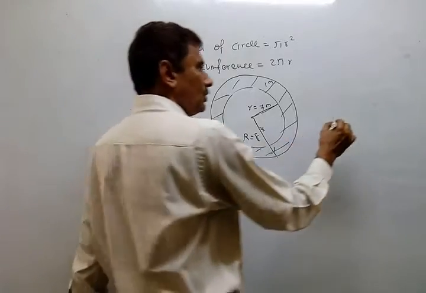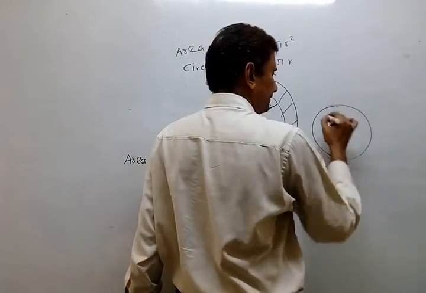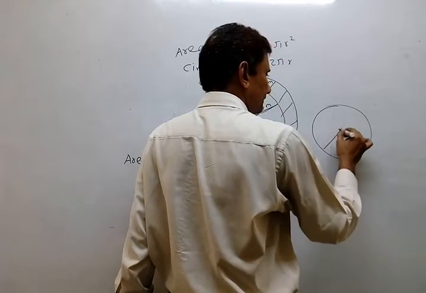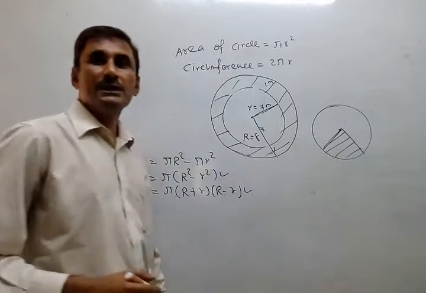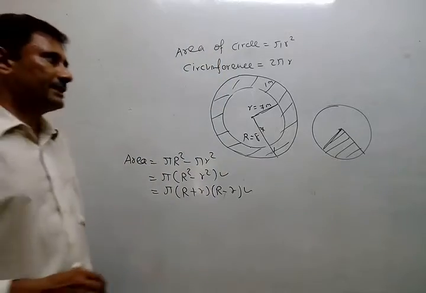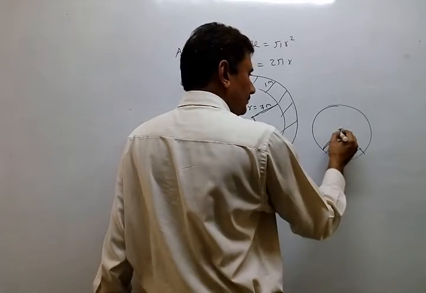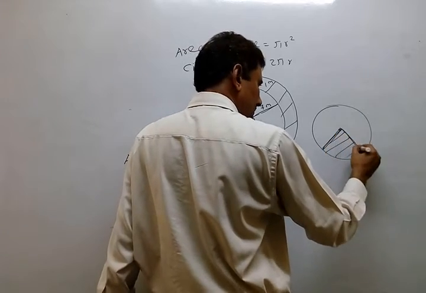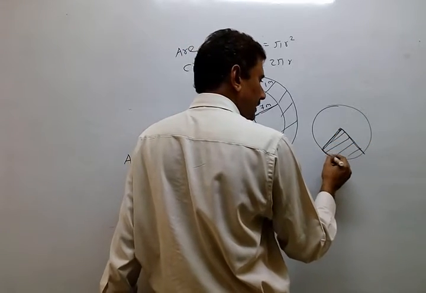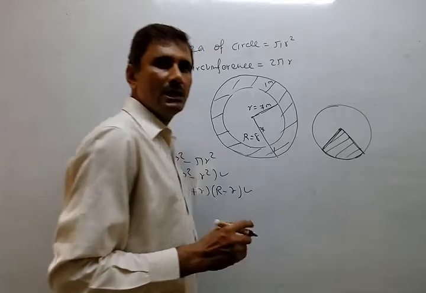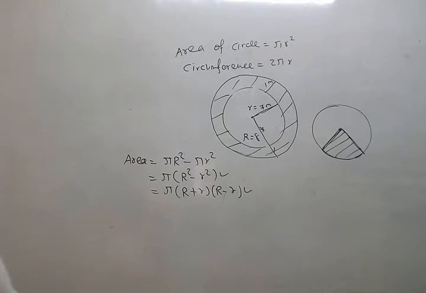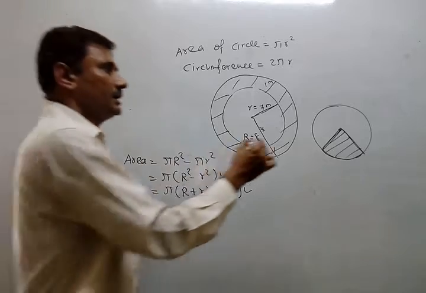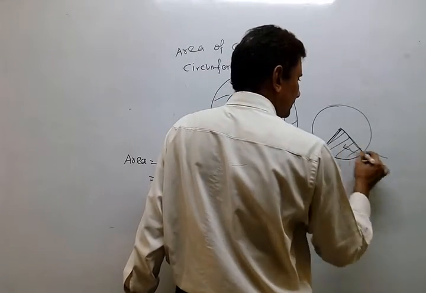Now you also go through this type of points. What is this part? It is a sector. Why? Because a sector is nothing but the part enclosed by 2 radii and an arc. This part of the circle is called an arc. So this is the sector.